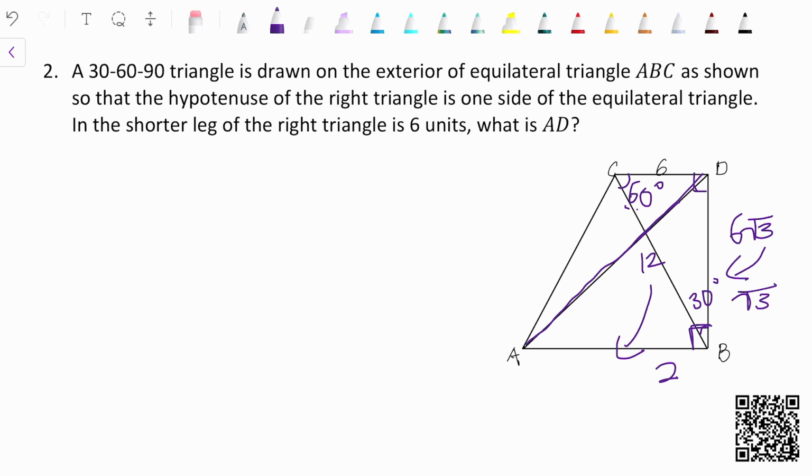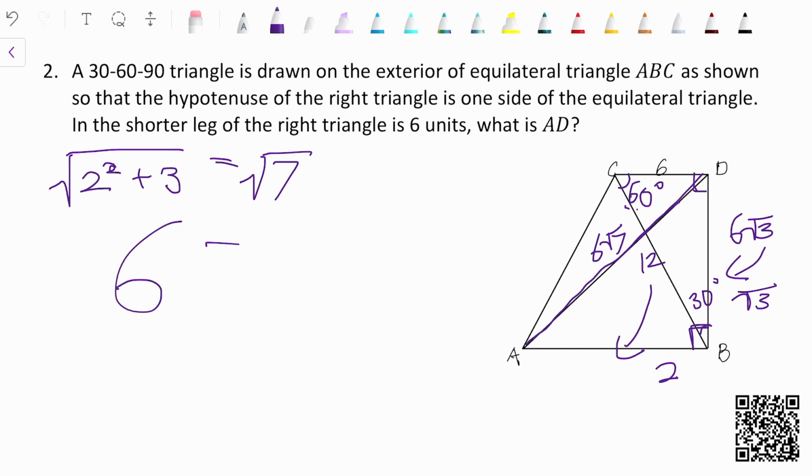Since 2 squared plus the square root of 3 squared is 4 plus 3, which is 7, we take the square root and get the square root of 7, and then we multiply our 6 back on, and we get 6 square root of 7. I'm just going to write it down nice and big. 6 square root of 7 is our answer.